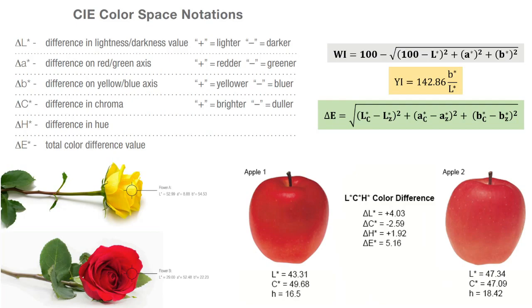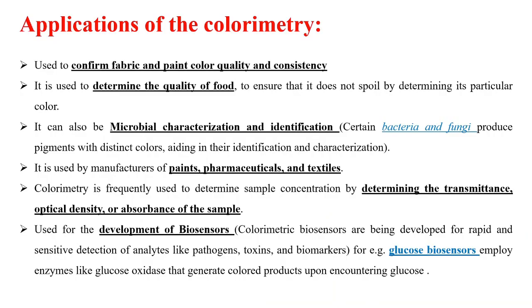Now, coming to the main applications of colorimetry that we can perform, it can be used in the paint industry, the fabric industry, like for getting fabrics and all. It's also used to determine the quality of food. Then, in terms of the biotechnology aspect, we can use this in microbial characterization and identification.